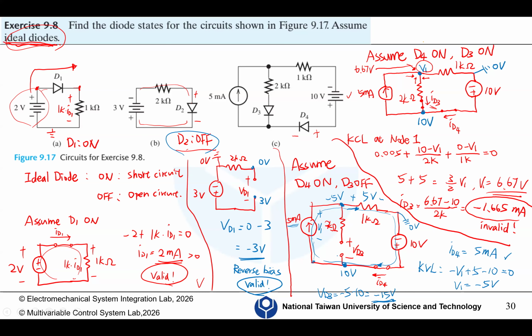And it's reverse bias, so this is valid. Okay, so both of them are valid, which means the assumption is correct.